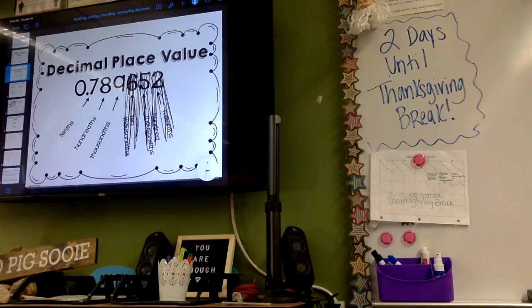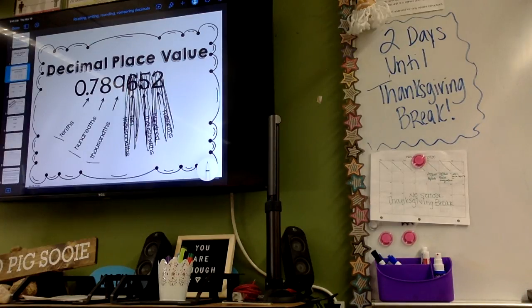So we're focusing on tenths, hundredths, thousandths. If you don't want to mark it out and you want to leave it there, that's fine too, but tenths, hundredths, thousandths, okay? I wouldn't want to color on the word.